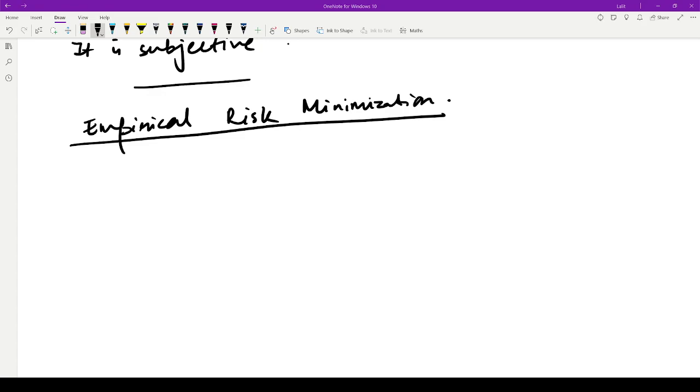So empirical means whatever data you see, you can only use that. You don't have the full data, at least during the training part. So you have to use whatever data you have to train your model. That's why it's empirical.